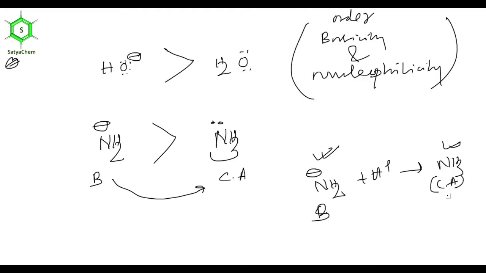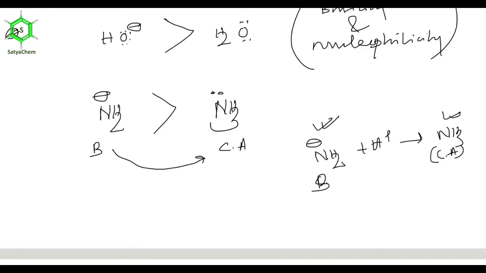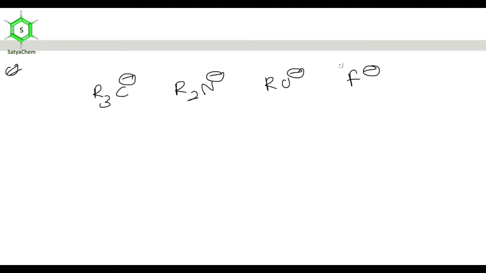Clear? The next point is that in comparing nucleophiles whose attacking atoms are in the same row of the periodic table, nucleophilicity is approximately in the order of basicity. Obviously, I need to give you an example. Suppose R3C minus, R2N minus, RO minus, F minus.